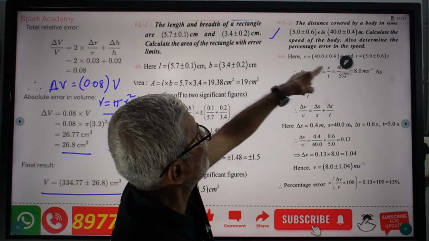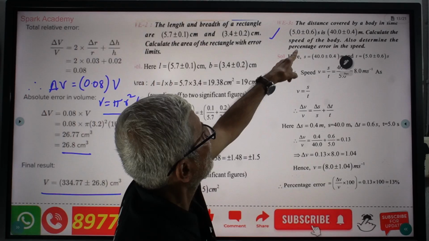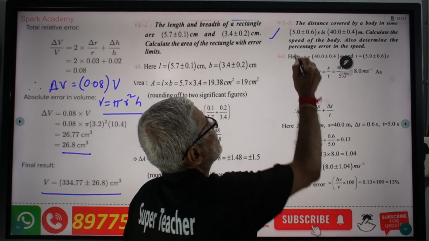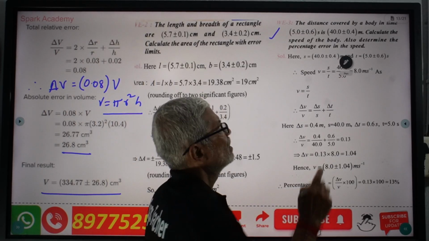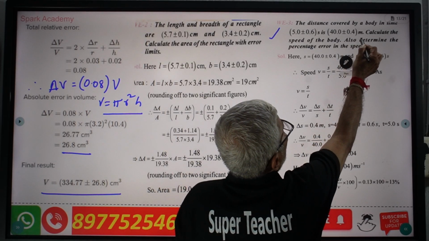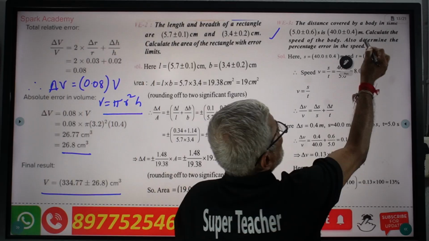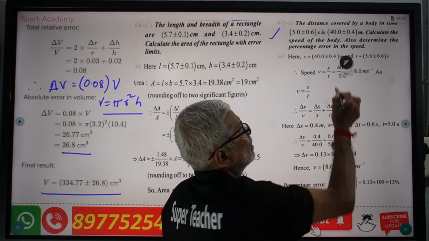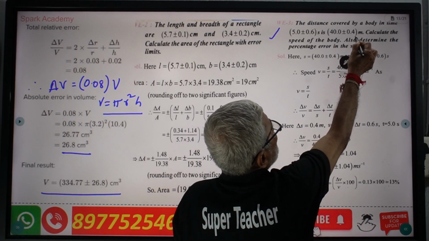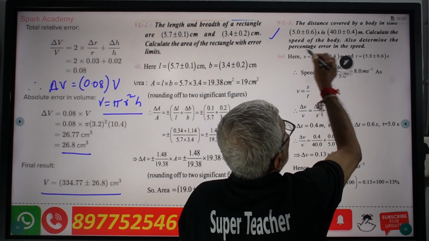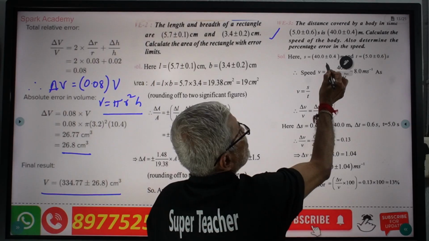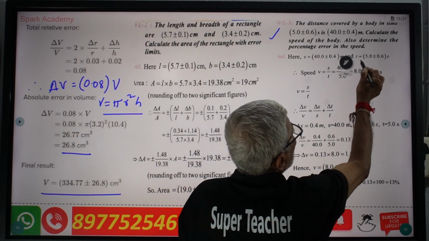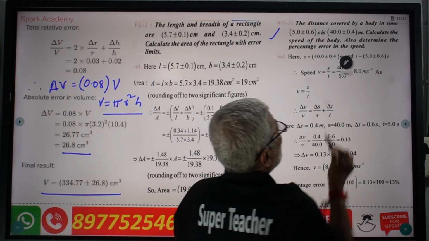The distance covered by a body in time. This is your time, measured in seconds, and this is your velocity and distance. Distance is 40 plus or minus 0.4 meter and time is 5 plus or minus 0.6.